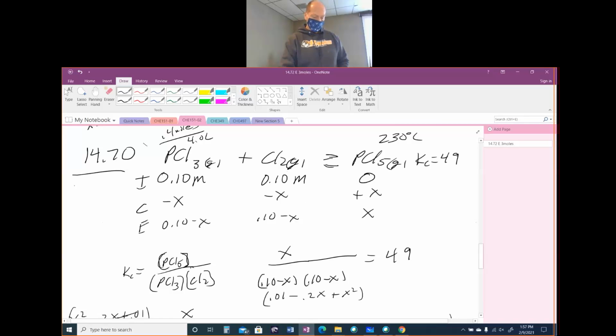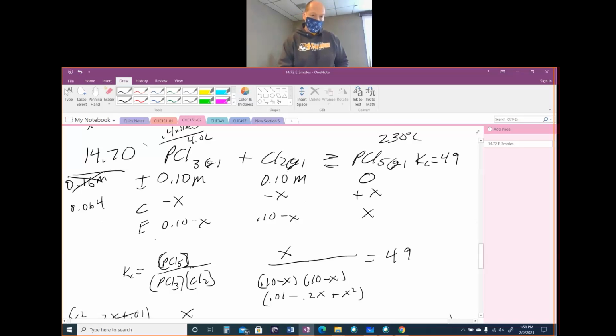And so our choices are 0.16 molar for X or 0.064. Obviously, when you have 0.1 minus X, X can never be greater than 0.1, and here is 0.16. That would give you a negative concentration. The 0.16 answer is an invalid answer.